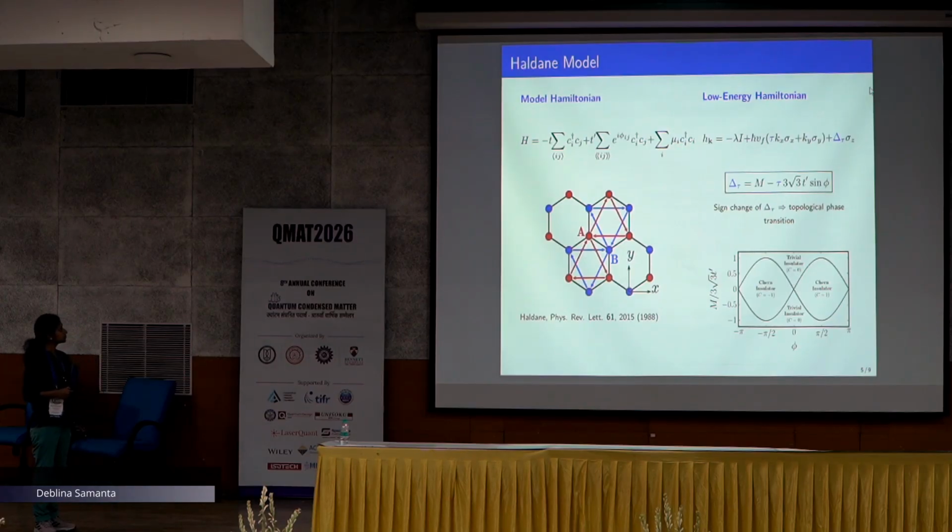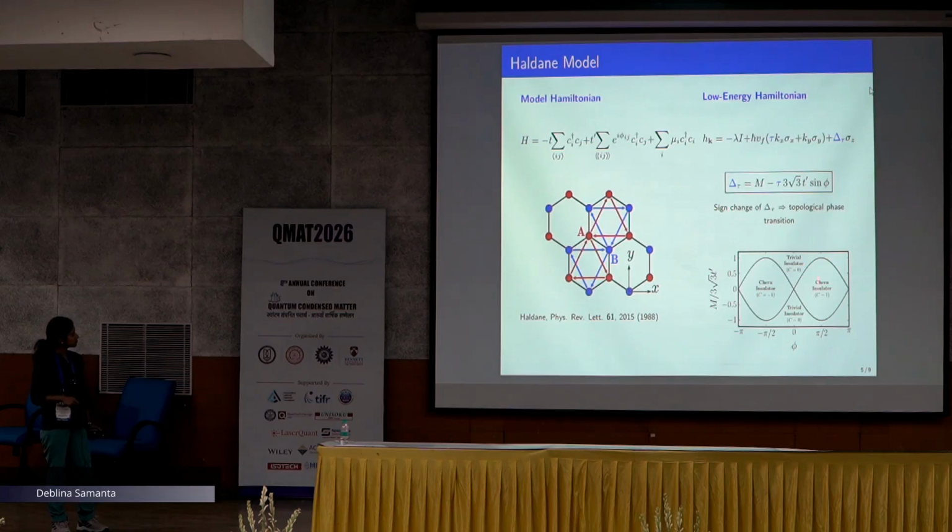We can also write the low energy Hamiltonian around the Dirac point, which appears at the high symmetry point K prime in the Brillouin zone, and the last term, delta tau, is responsible for opening the gap in the system at the K prime point.